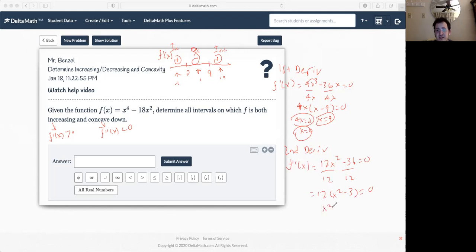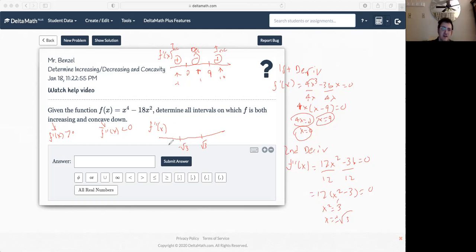So I get x squared equals 3, or x is equal to plus or minus the square root of 3. So now I'm going to make a second derivative sign chart. I'm going to put a minus square root of 3 and a plus square root of 3.